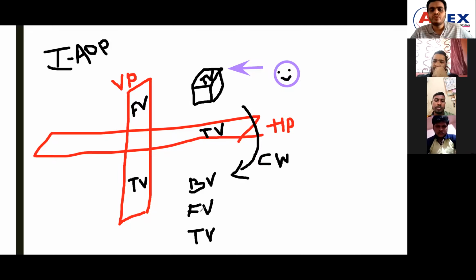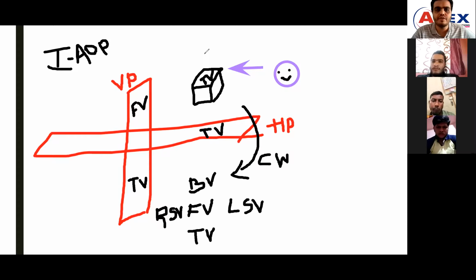Okay. So next, once these views interchange, the right side view will become the left side view and the left side view will become the right side view. So this is very important. All of you got it? Yes, sir.